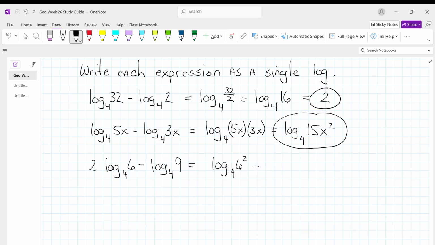And then we're going to subtract from that log 4 of 9. So this 6 squared is equal to 36. So we apply the quotient property. Log 4 of 36 divided by 9 would be 4. And since 4 to the first power equals 4, log 4 of 4 is equal to 1.